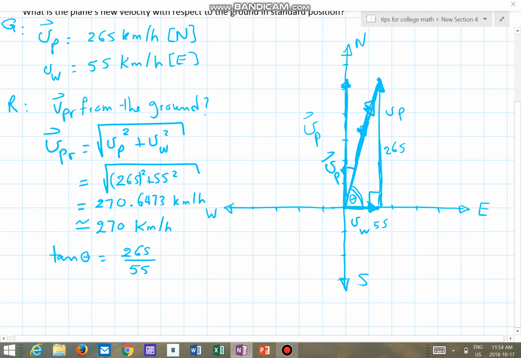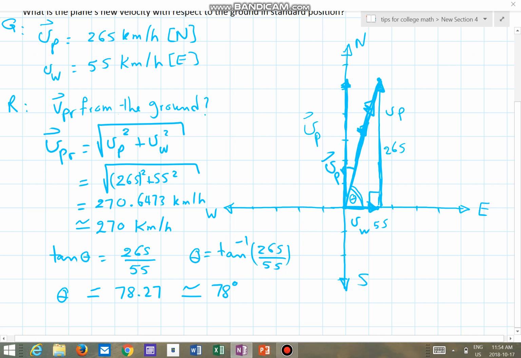So how do I get theta? I will just do a second function, or inverse tan of 265 over 55. That will lead us to theta equals 78.27, or more likely so because we're dealing with two significant digits, 78 degrees.